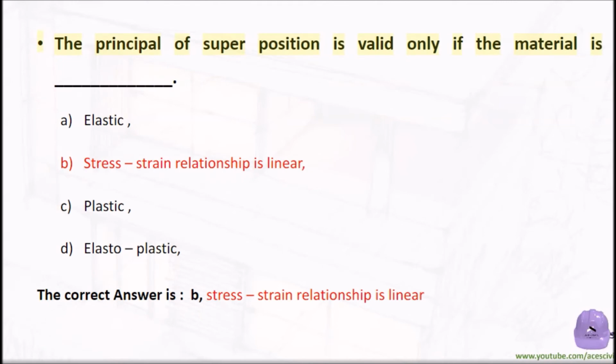The principle of superposition is valid only if the material is: A. Elastic, B. Stress-strain relationship is linear, C. Plastic, D. Elastoplastic. The correct answer is B. Stress-strain relationship is linear.